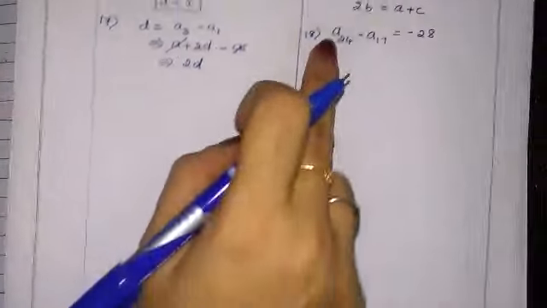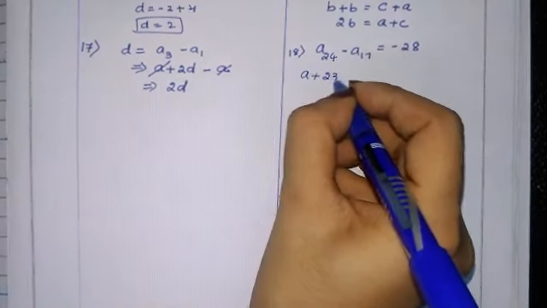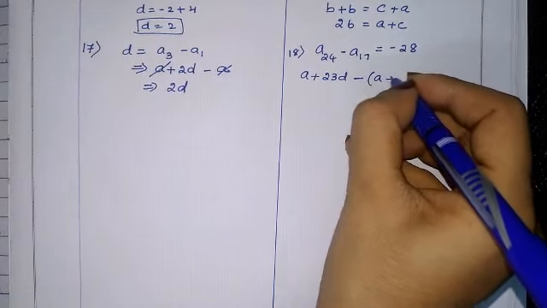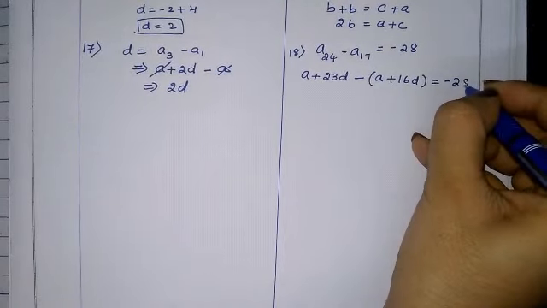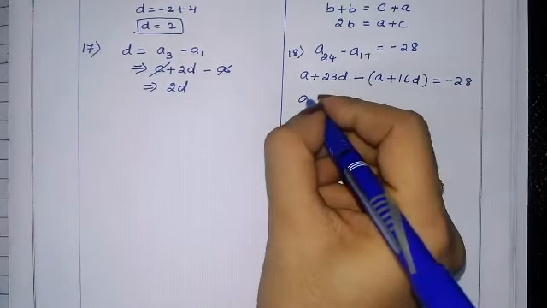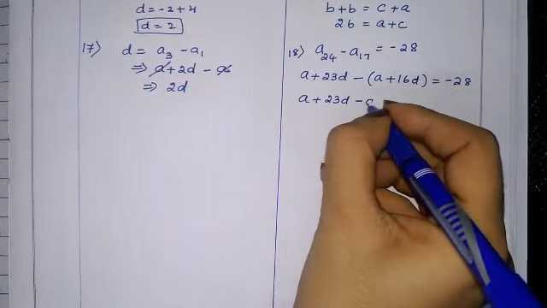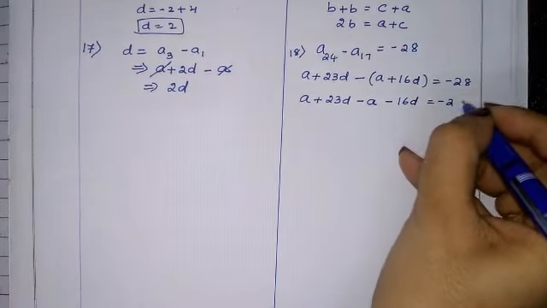What is the value of D? Okay, A24 is nothing but A plus 23D. Minus A17, which is A plus 16D, is equal to minus 28. Let us check. A plus 23D minus A minus 16D is equal to minus 28.